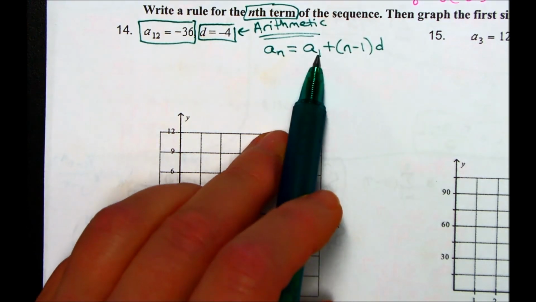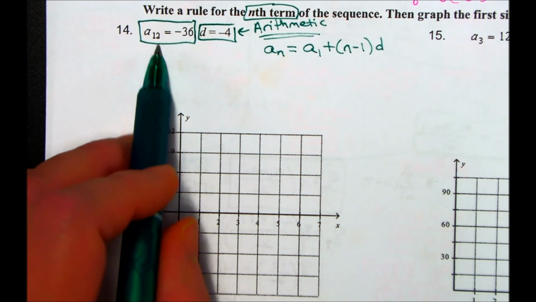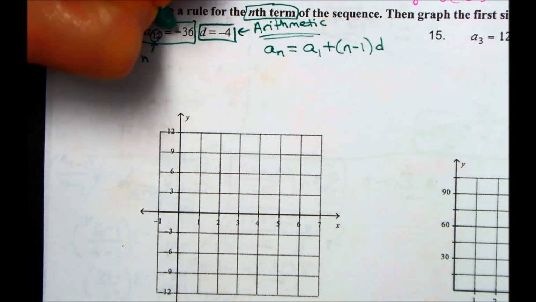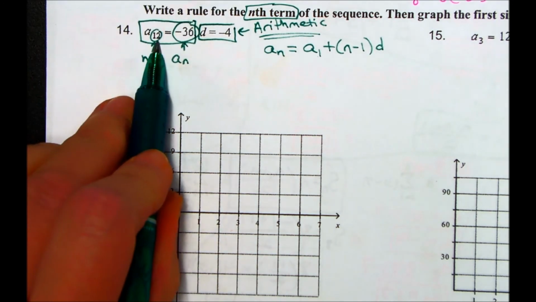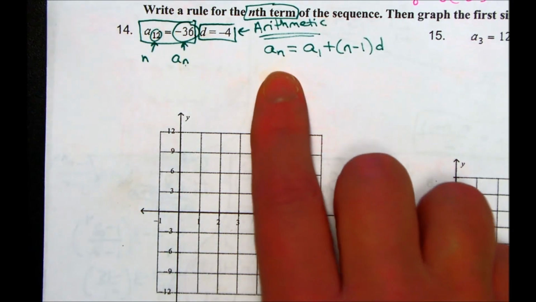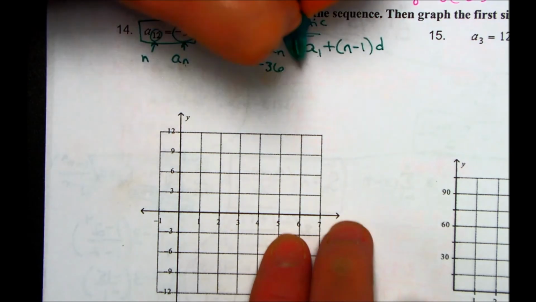So we don't know a sub 1, but we can find it by using 12 for n, and then negative 36 is going to be our a sub n. So 12 is the input, negative 36 is the output. So put negative 36 in place of a sub n.